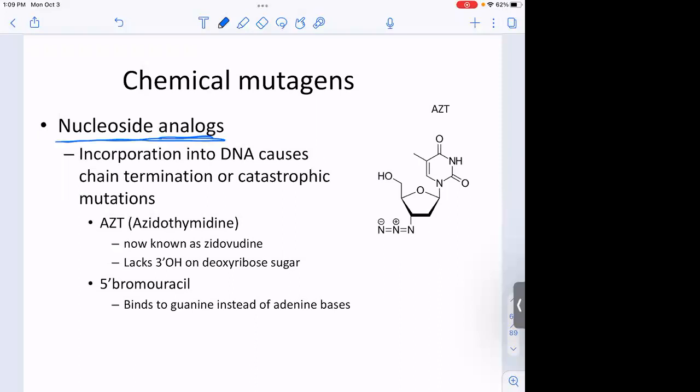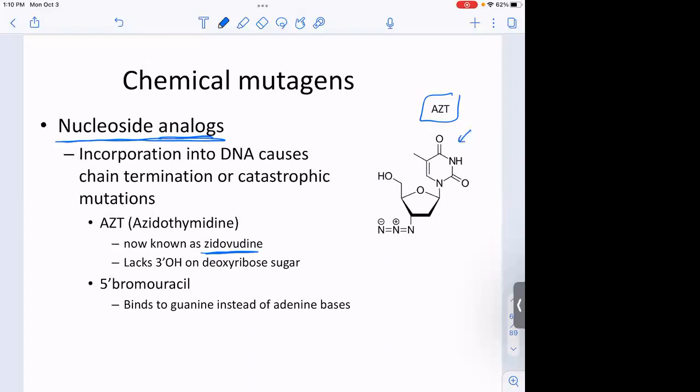So for example, AZT. You might recognize that. That was one of the first drugs that we came out with to treat AIDS. But it's actually known by a different name now, zidovudine, and I don't know if that's a trade name, but anyway, AZT is considered a nucleoside analog.